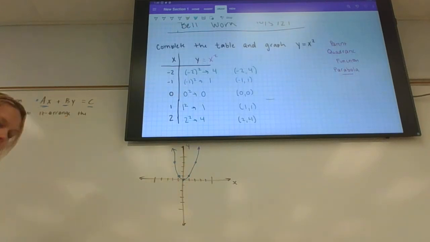That's a U-shaped graph. So this whole chapter, all of chapter 4, is focused on U-shaped graphs, not straight lines.